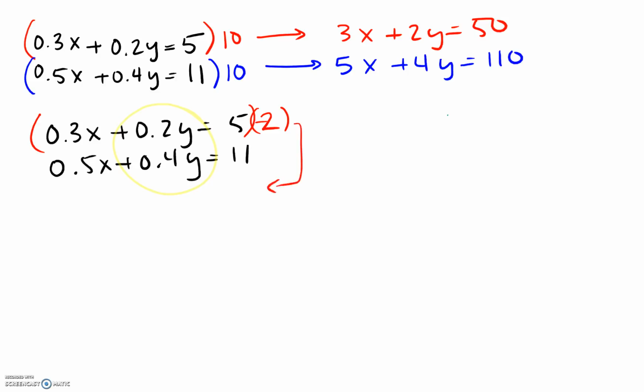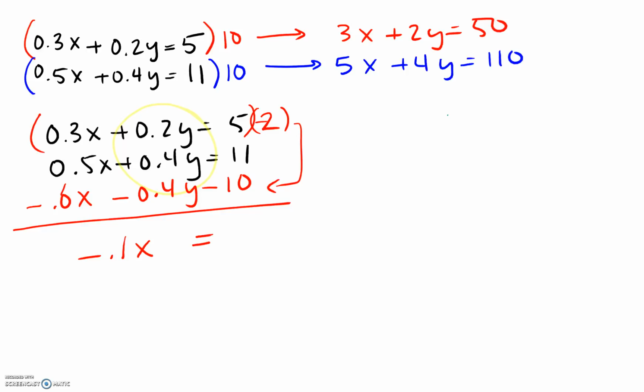And then if we do that, we have -0.6x minus 0.4y minus 10. And we can definitely add those together, giving us -1x is equal to 1. And x is equal to -10.